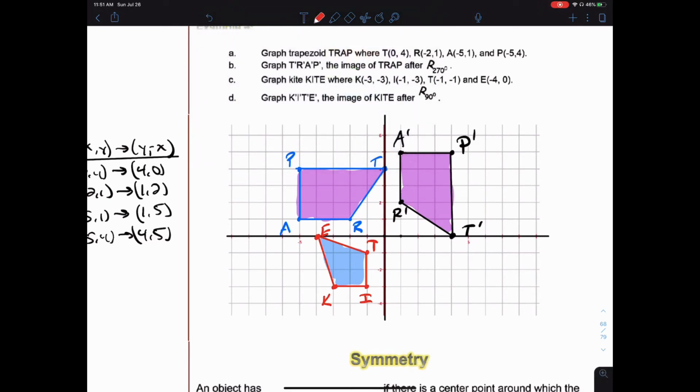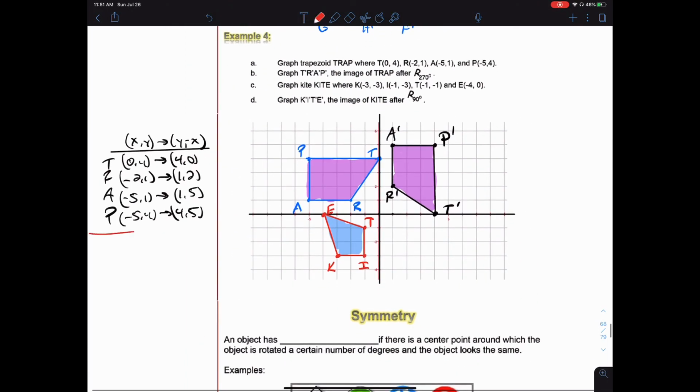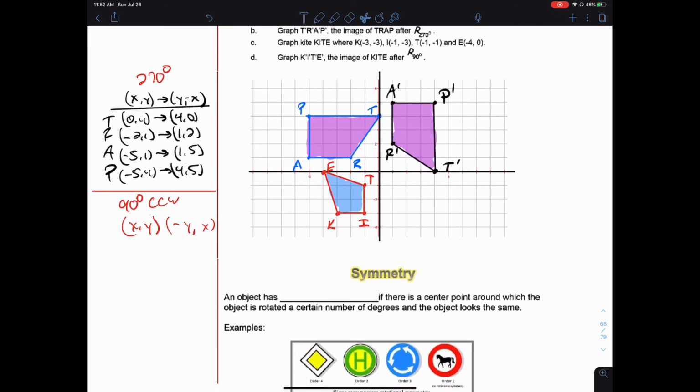So what's the rule for rotating 90 degrees? This is 270 degrees. 90 degrees counterclockwise. It's going to be negative y, x. And I need to write this better. It's negative y, x.